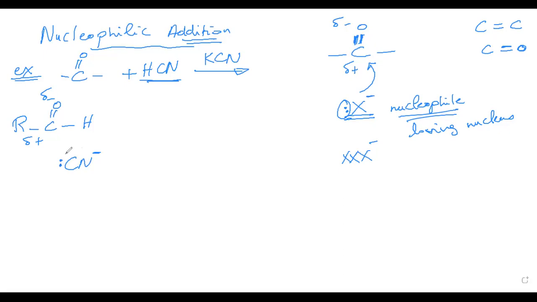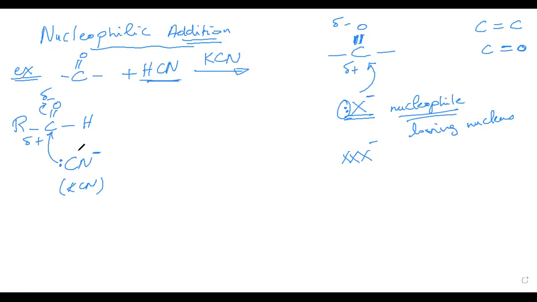mark out of you. So here what happened is that the cyanide of the potassium cyanide at the beginning, its cyanide ion is going to attack the positive or the partial positive carbon, and at the same time, this bond is going to be broken.